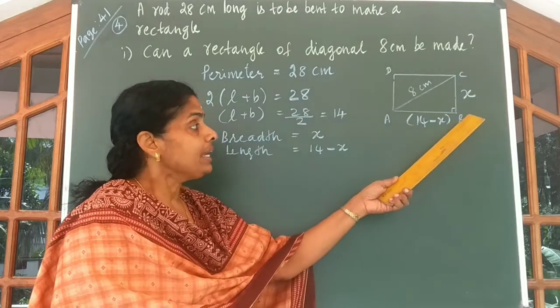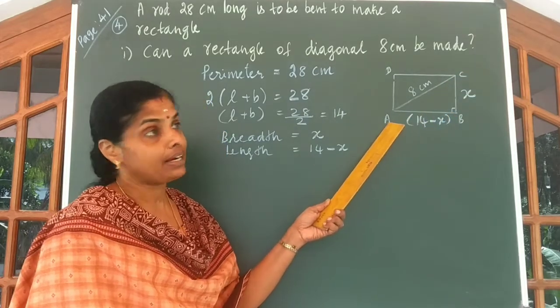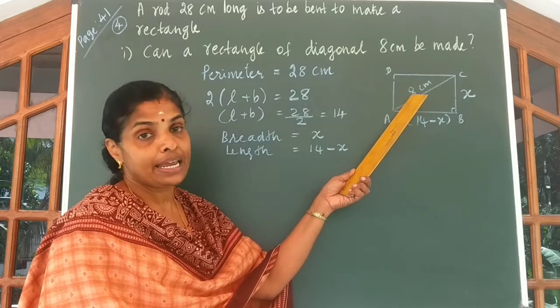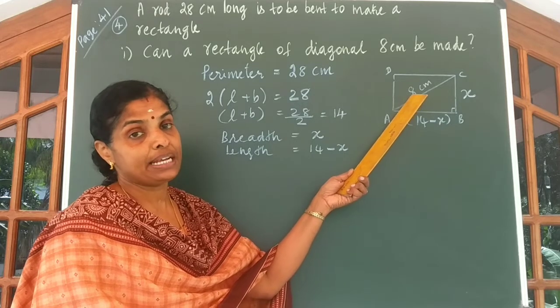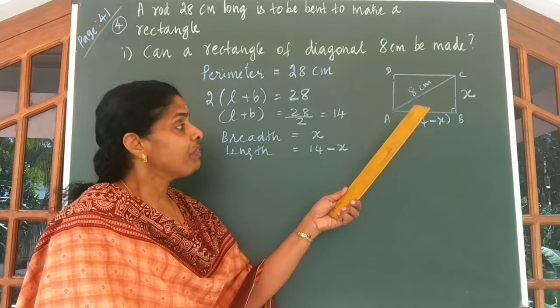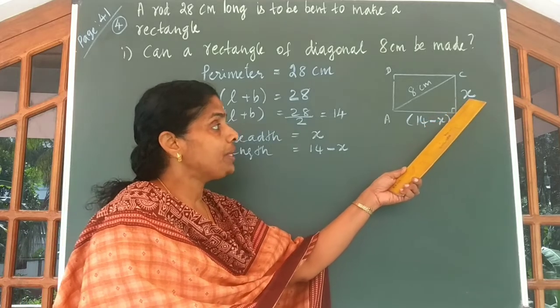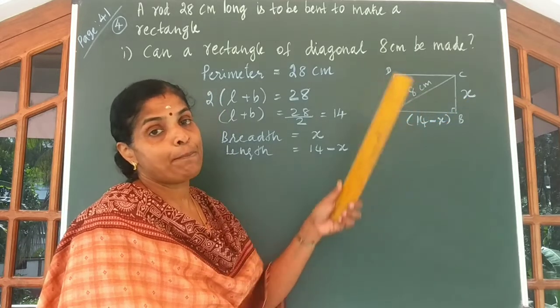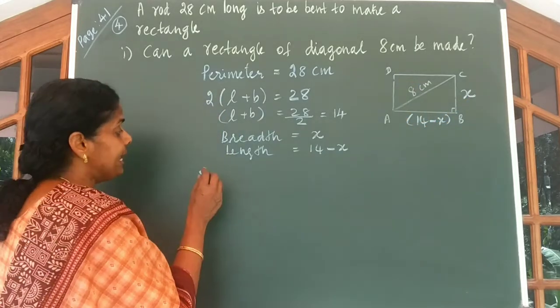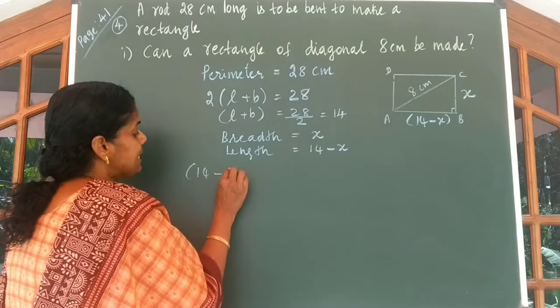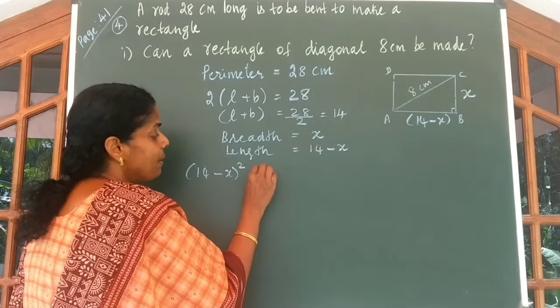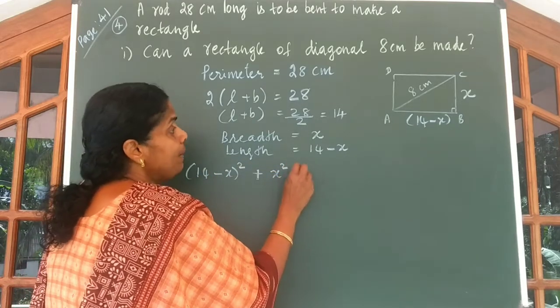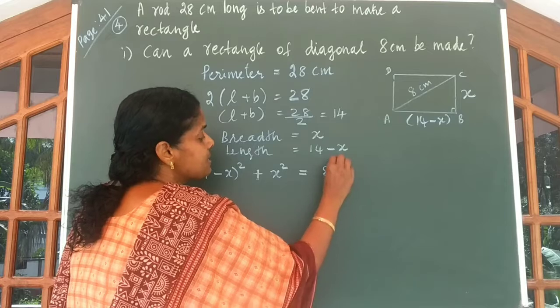In this right angled triangle, 8 cm is going to be the hypotenuse. So let us use base square plus altitude square is equal to hypotenuse square. Then you will get (14 minus x) the whole square plus x square is equal to 8 square.